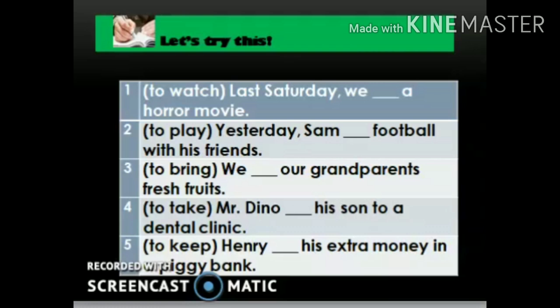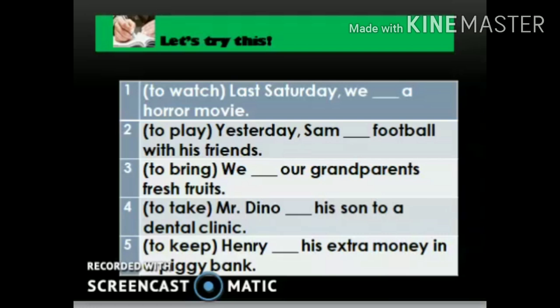Let's have number 4. Mr. Dino blank his son to a dental clinic. The answer here is took. The correct sentence is Mr. Dino took his son to a dental clinic.